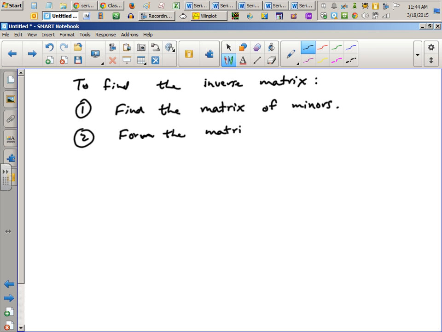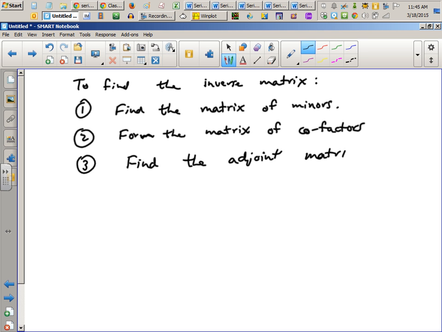This will all make sense to you in a minute, okay? Third, find the adjoint matrix. And fourth, divide each element by the determinant of the original matrix.